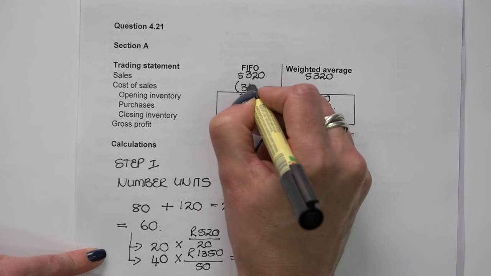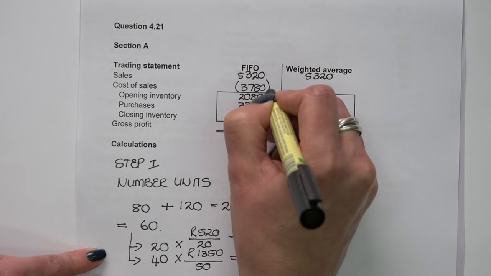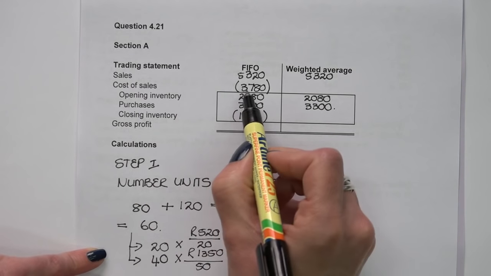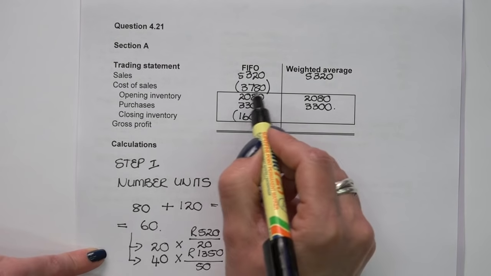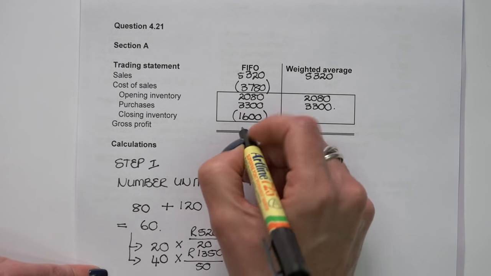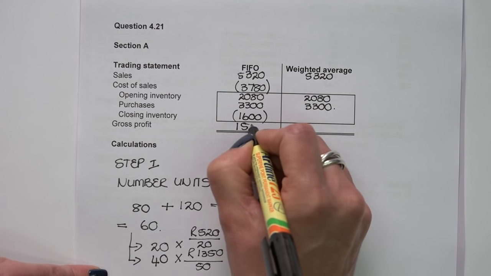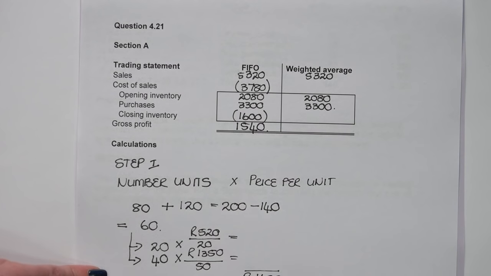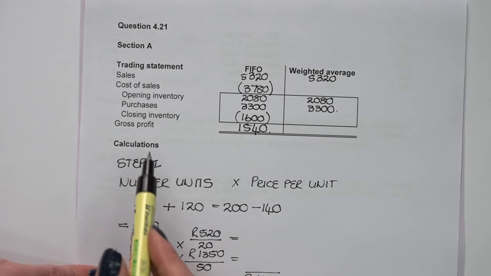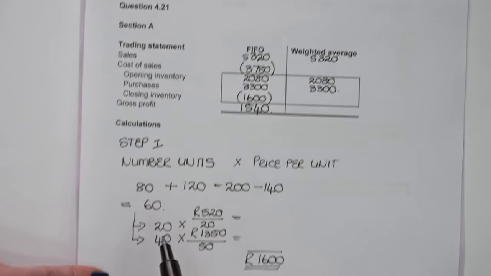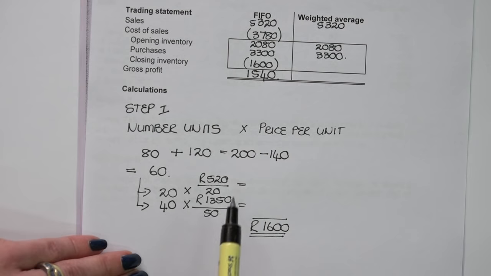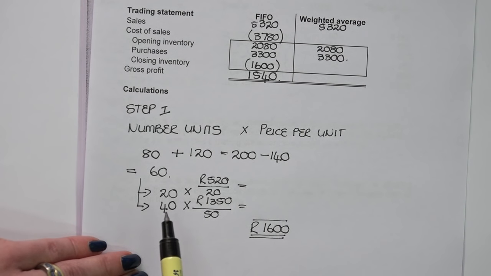So I have a cost of sales of 3,780, and then sales minus the cost of sales of 3,780 will give me a gross profit of 1,540. So step 1 for first in, first out was to calculate the number of units, and then we assigned a price per unit according to the batches.